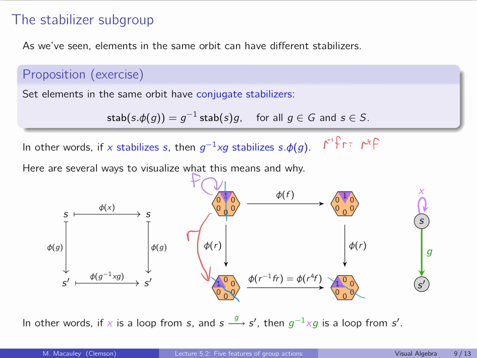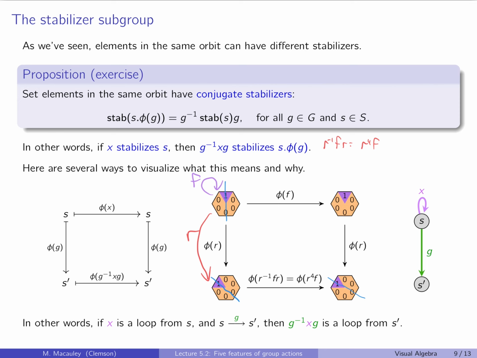So having this here is almost like a pulled out version of these, but it is nice to have a commutative diagram. It means if you press the x button and then the g button, that's the same thing as pressing the g button and then the g inverse x g button. Do you see why that is true?